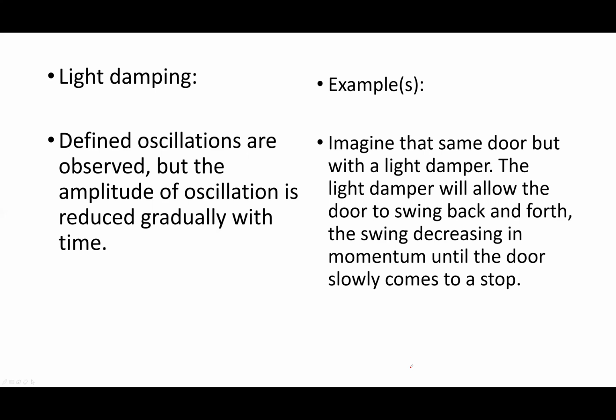Heavy damping returns slowly, and light damping oscillates about its mean position. Listen again. Critical damping returns to its equilibrium position quickly without oscillation. Heavy damping returns to its equilibrium position slowly without oscillation. Light damping returns to its equilibrium position but keeps oscillating about it.